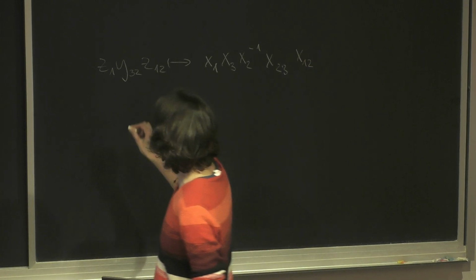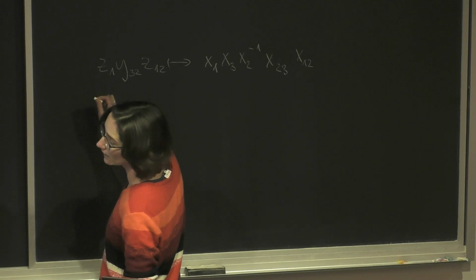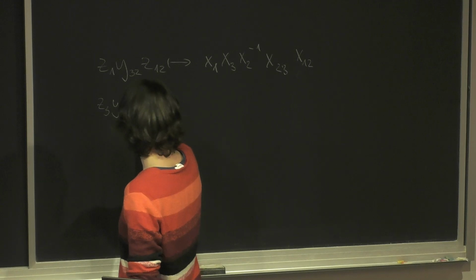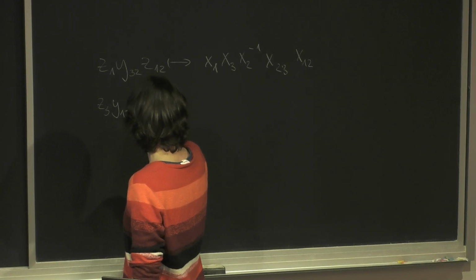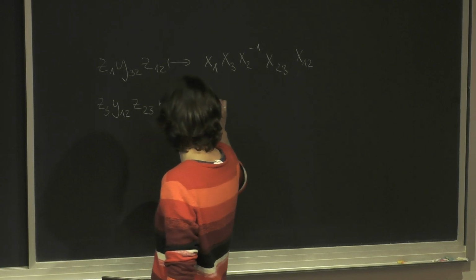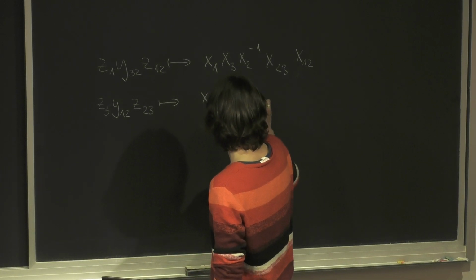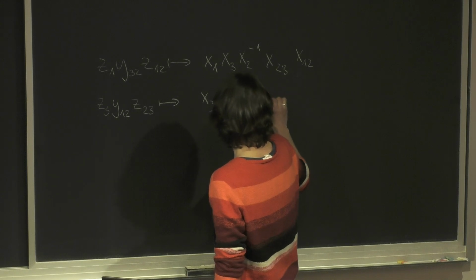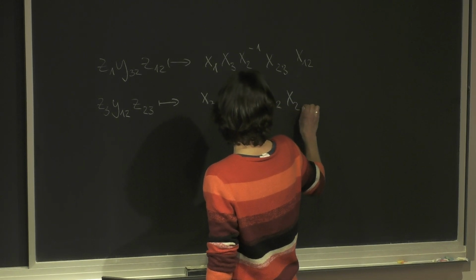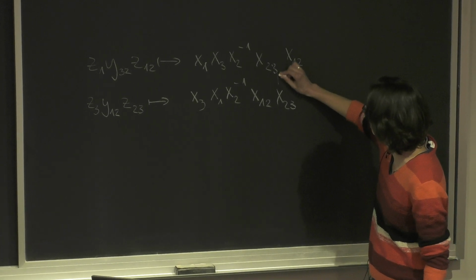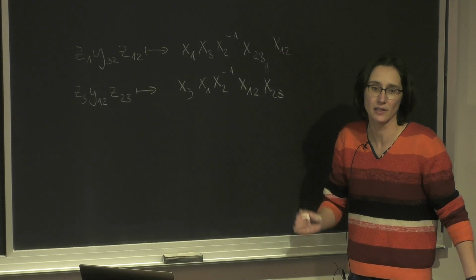And similar for the other one, I have c_3 y_12 c_23, which is mapped to x_3 x_1 x_2^-1 x_12 x_23. And that's the same. So in particular, the difference lies in the kernel.